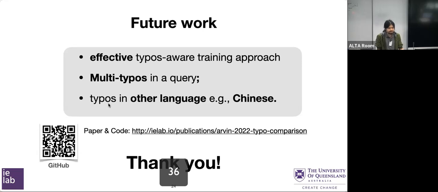Thank you. That was a really interesting talk. I have an observation to make, leading to a question. The observation is that humans are really good at spotting and understanding typos. It's not a problem at all.